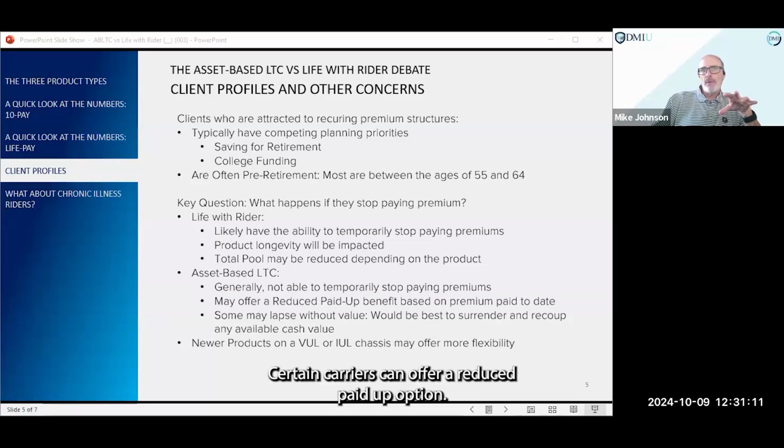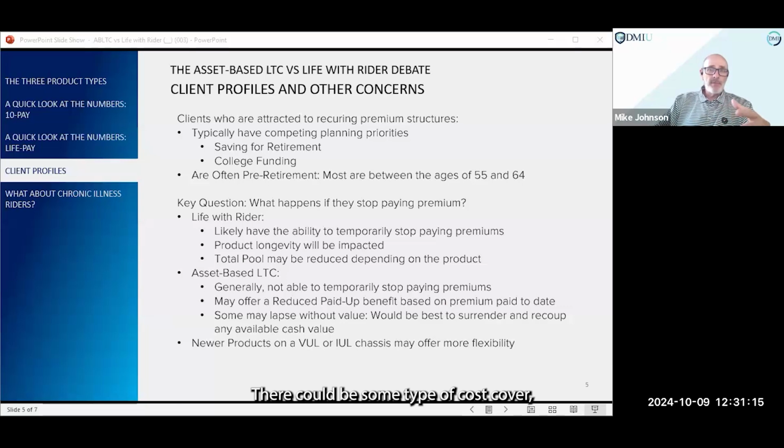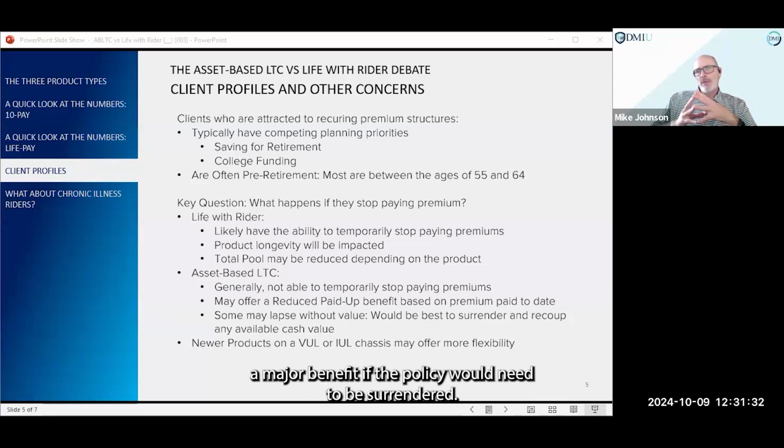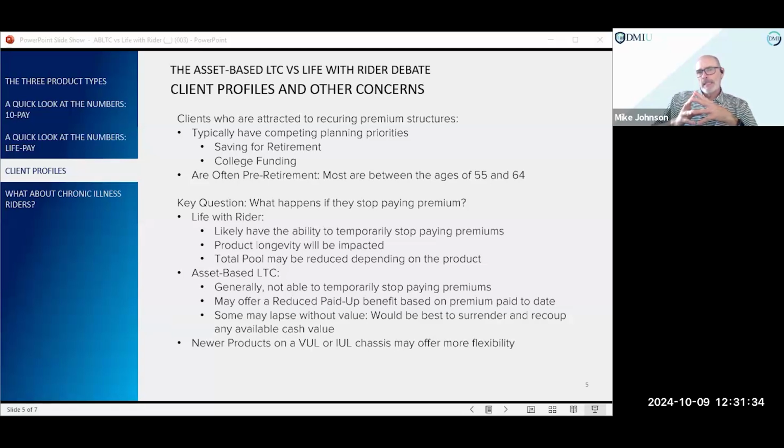Certain carriers can offer a reduced paid-up option. There could be some type of cost recovery component, I should say. But in most cases, it might make the most sense to surrender the policy, recover that cash value. So again, in a worst case scenario, keep in mind that the cash value is a major benefit if the policy would need to be surrendered.